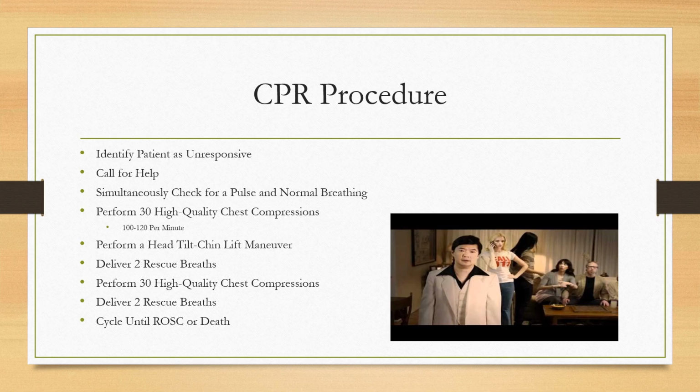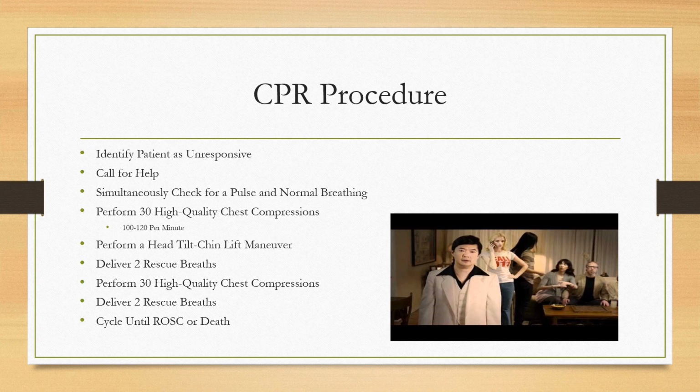So what's the procedure? Identify the patient is unresponsive. They're unresponsive because there's no pulse, there's no blood pressure. Call for help first if you're by yourself. Why? Because you're going to be exhausted in about 3 minutes. You can do pulse checks. So check for a pulse. Obviously, you have to take your hand off the chest to do that.